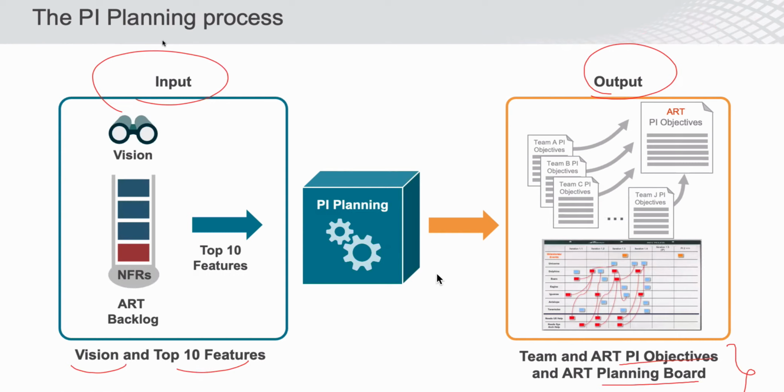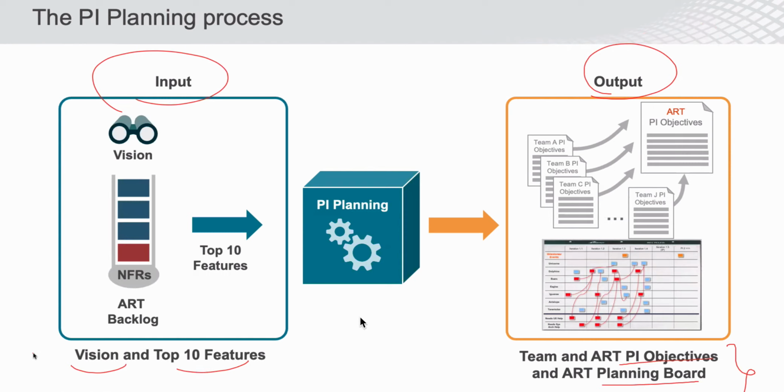Now, PI planning is an event where all agile teams and your release train level leadership is involved. Who is responsible for the vision, the roadmap, what role is responsible for this one? Not the master.